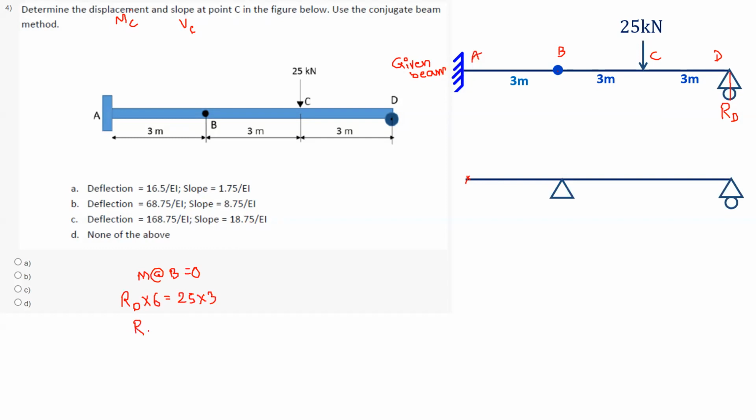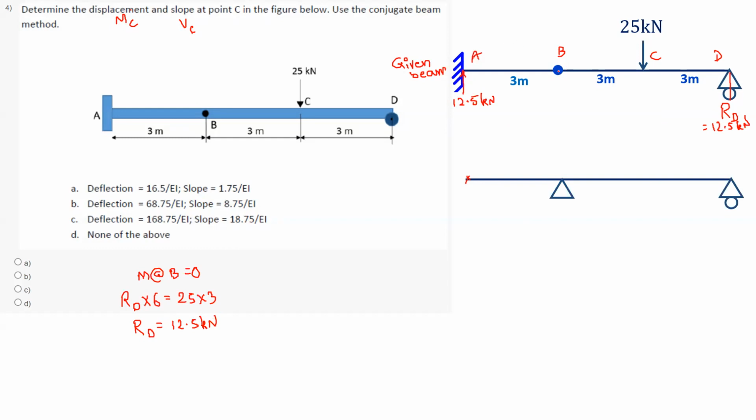From this we get RD equal to 12.5 kilonewtons. And summation Fy equals 0, we will get RA in the same fashion, 12.5 kilonewtons.